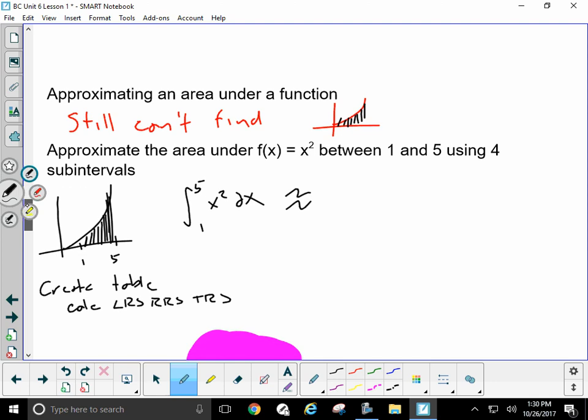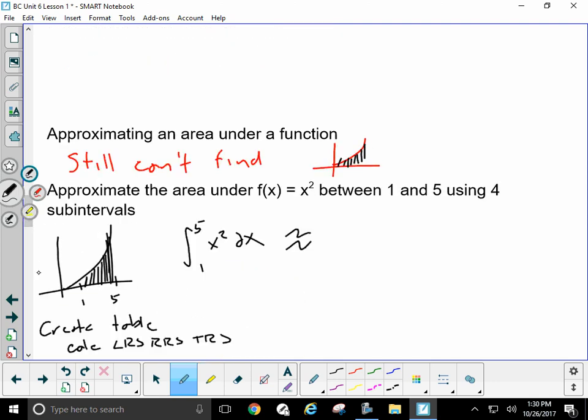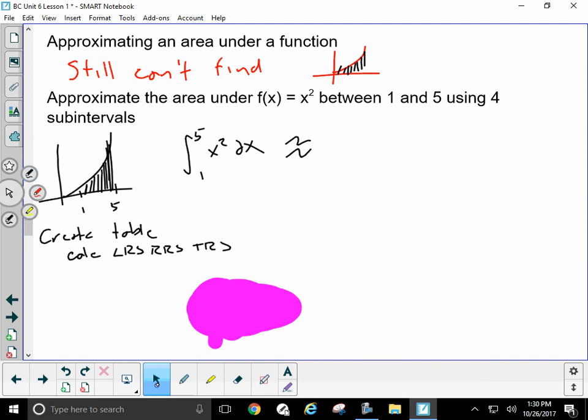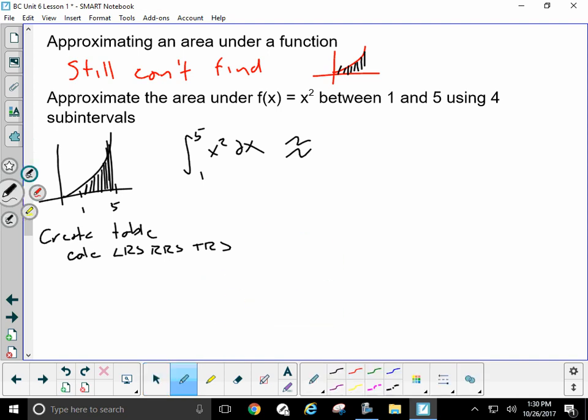So I'm going from 1 to 5. So might as well, I'm using 4 subintervals. So from 1 to 5, 4 subintervals, width of 1. So I know I'm going to go 1, 2, 3, 4, 5. These are my x values. I know that my function values, which come from x squared, would be 1, 4, 9, 16, 25.